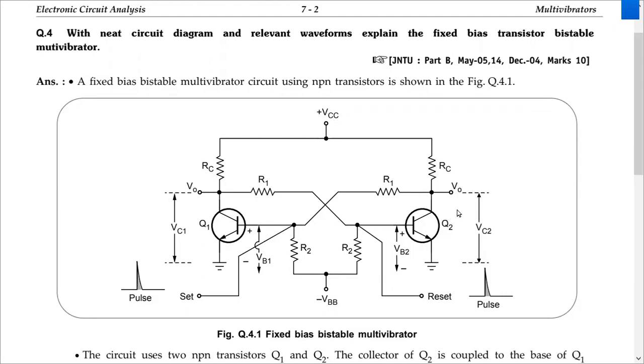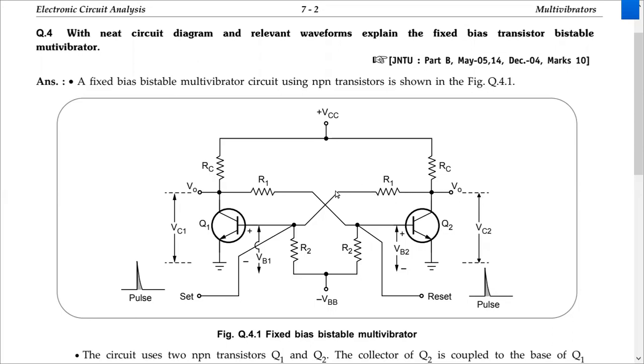If Q2 is on, like a switch that is on, the voltage across the on switch is, in the ideal case, 0. Now because the transistor is moving towards the on position, in the ideal case the voltage is 0, but it is not completely on, it is moving towards on, so we will have a low voltage at VC2.